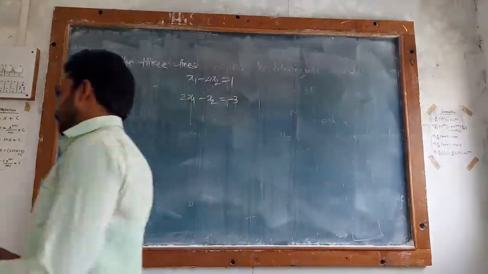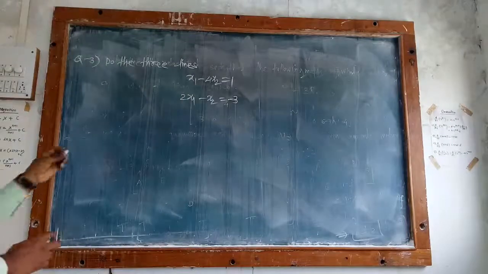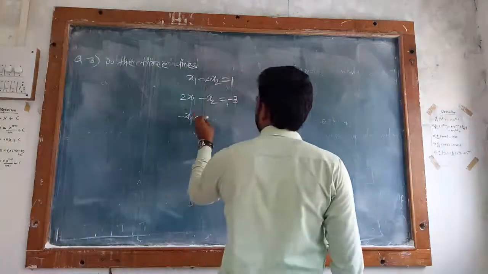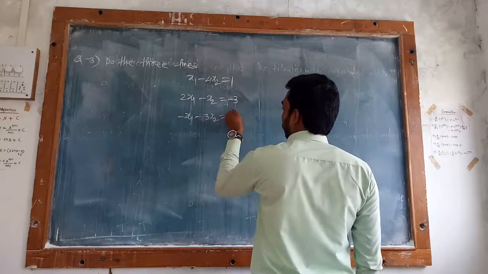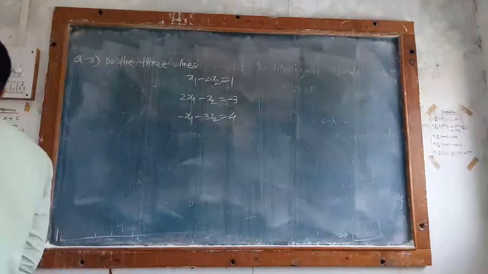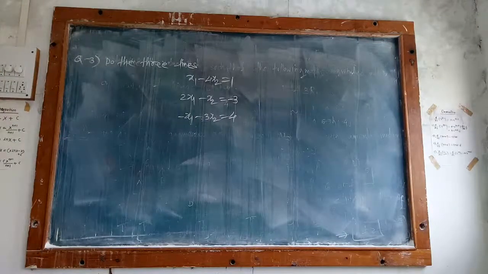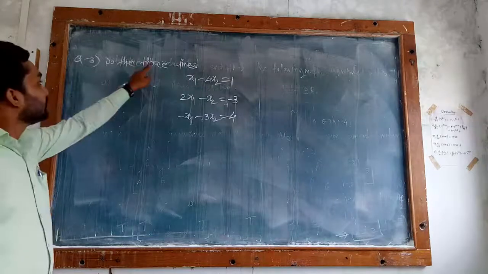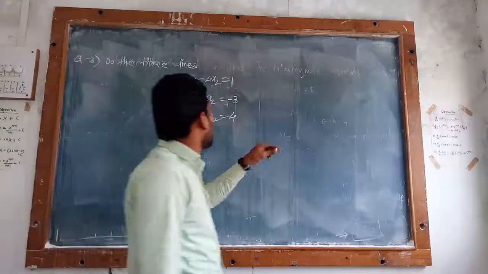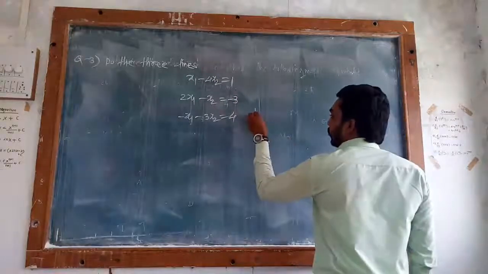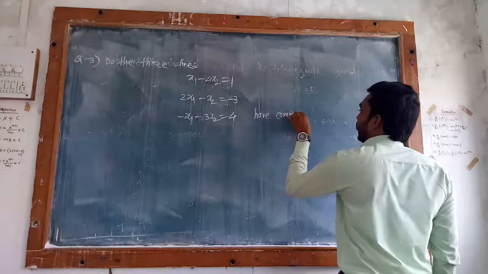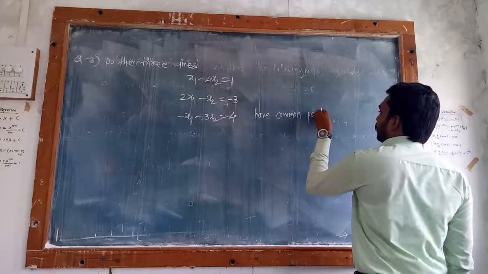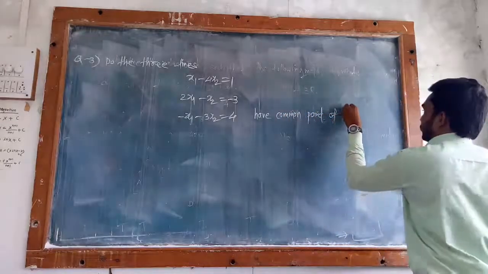The third equation is minus x1 minus 3x2 equals 4. The question is: do the 3 lines have a common point of intersection?